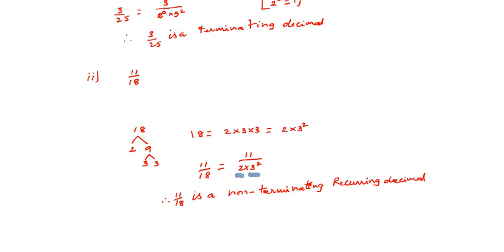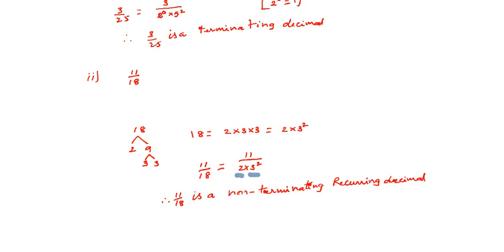Now observe the first question and the second question. In the first question, it is in the form of 2 to the power of 0 into 5 square, then it is a terminating decimal. But in the second one, 11 by 18, the denominator is not in the form of 2 to the power of n and 5 to the power of m. Hence, it is a non-terminating recurring decimal.